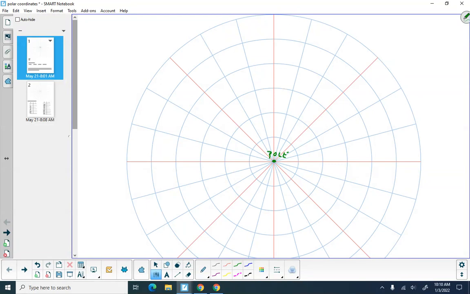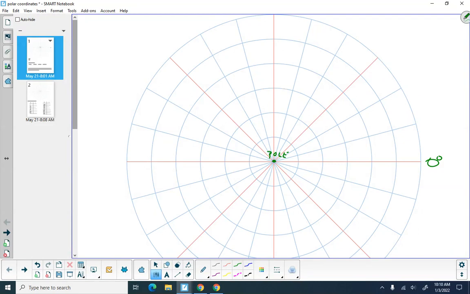We have our degree lines, which takes us back to our normal degree lines. We have our 0 degrees here, and we can rotate around. These are hashed out every 15 degrees.